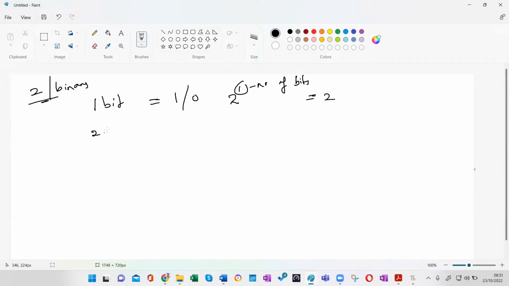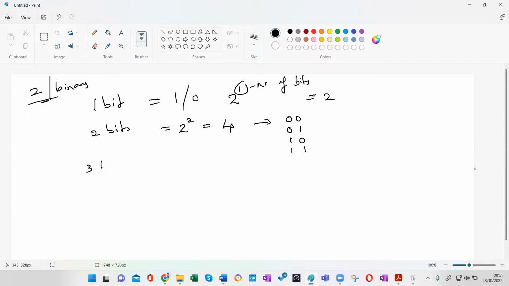Now, if you increase the number of bits, 2 bits, now it's going to be 2 to the power 2, and how many variations are you going to have? 2 to the power 2? 4. Right. What are these 4? You're going to have 00, 01, 10, and 11, 4.